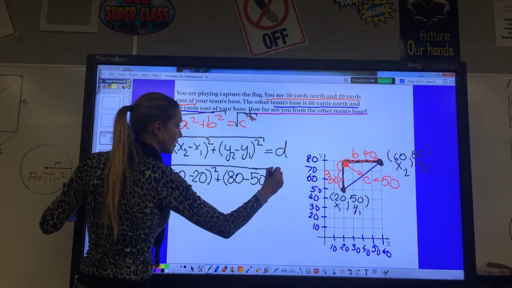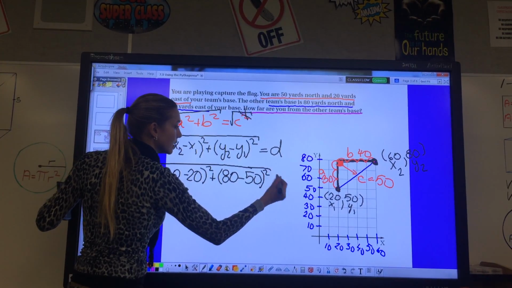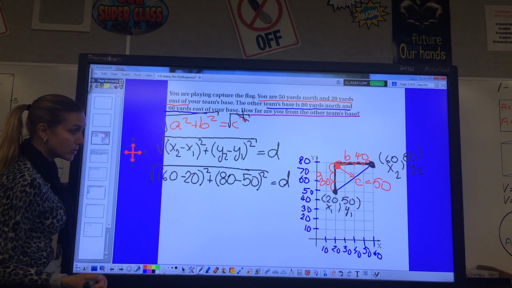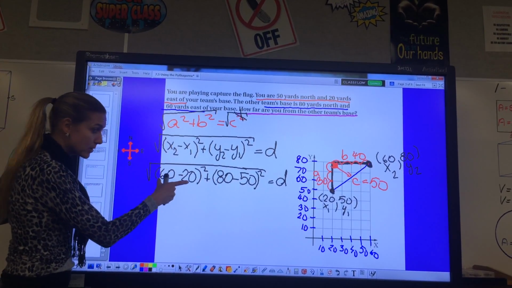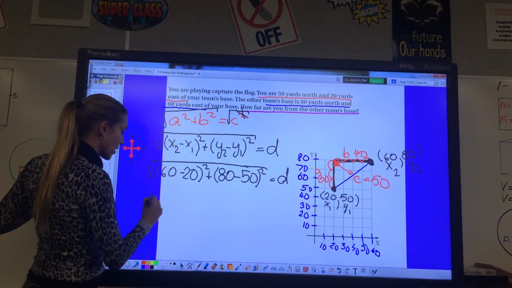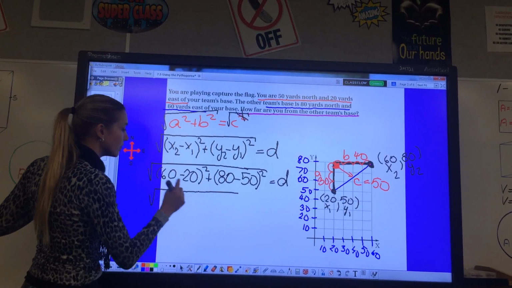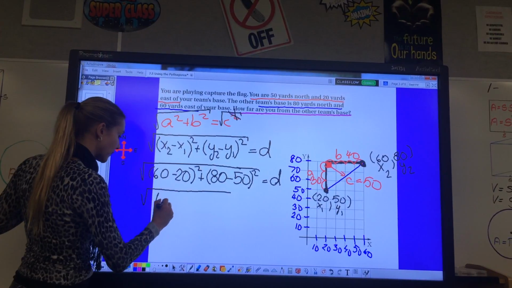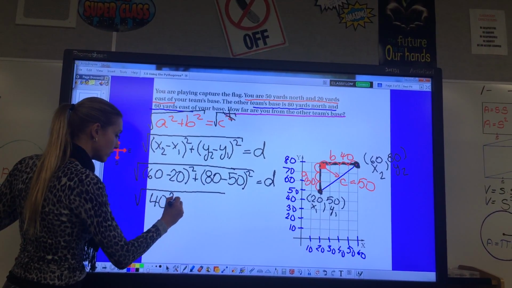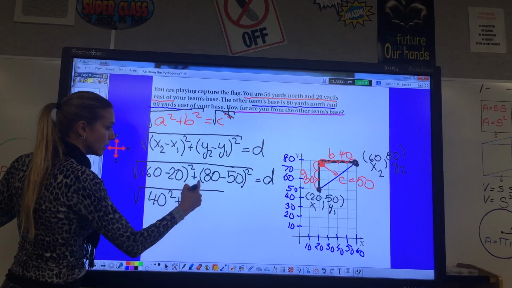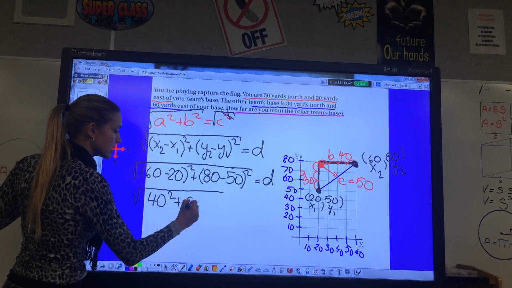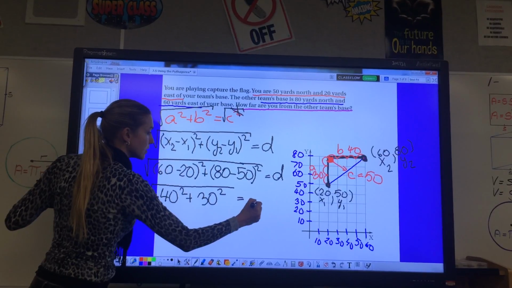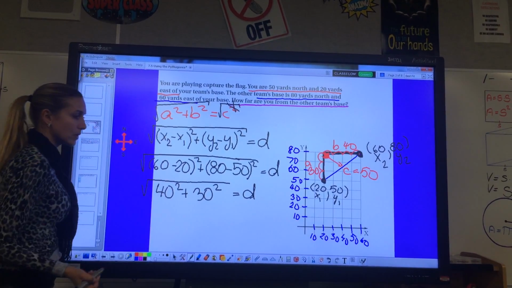And don't forget, right, it's squared. Equals my distance. Order of operations says, take care of your parentheses first. So I have a square root of 60 minus 20 is 40 squared, plus 80 minus 50 is 30 squared, equals my distance, right?